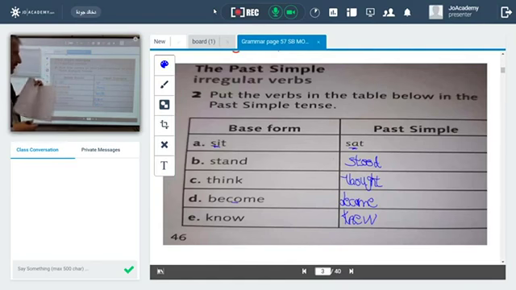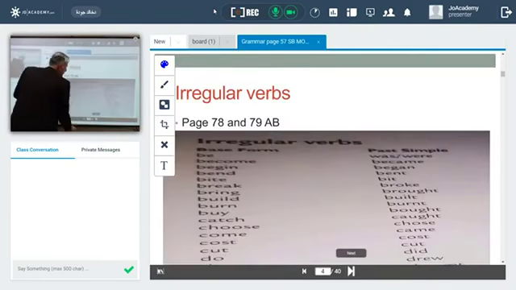So I advise you to start memorizing the small ones or the short ones, and day by day start memorizing the rest. You have to memorize all these verbs so you can speak and write good English. Okay, let's move now to the next exercise.